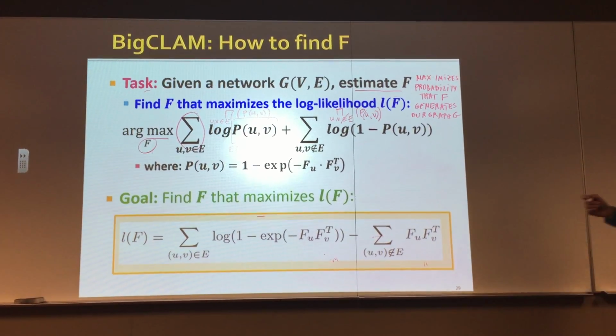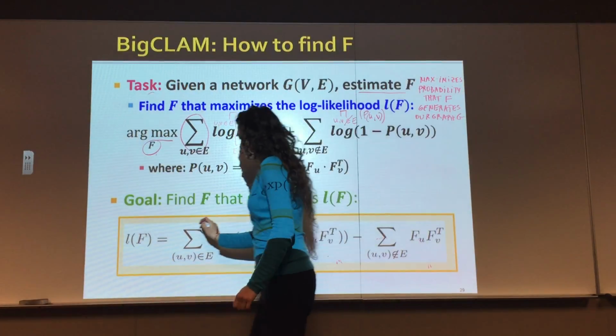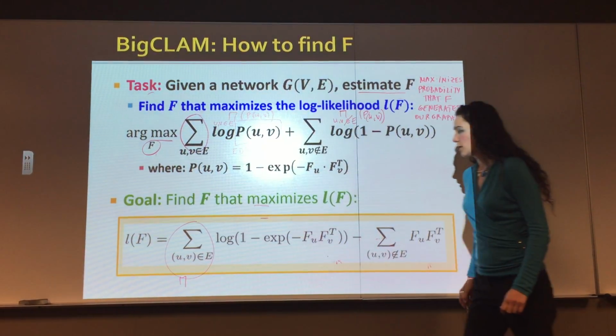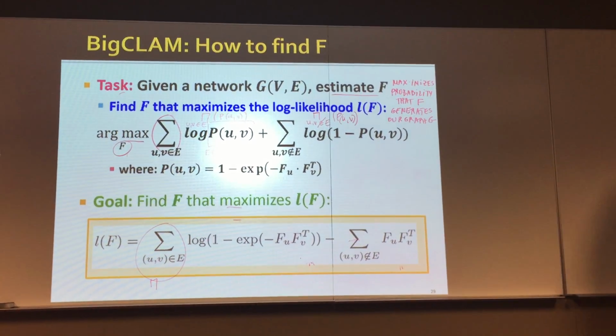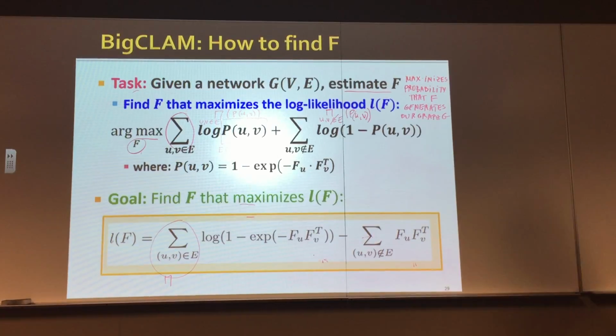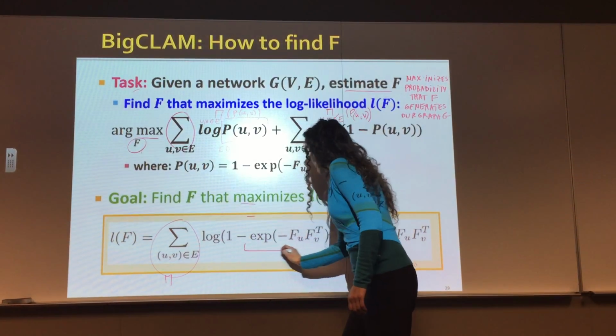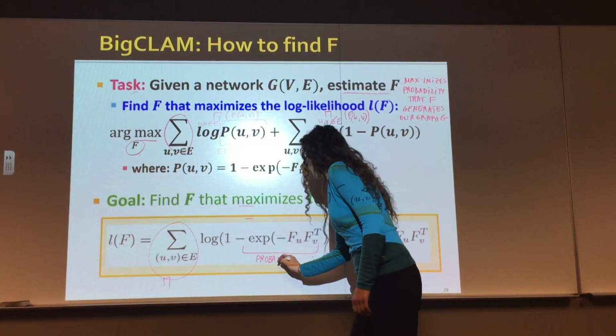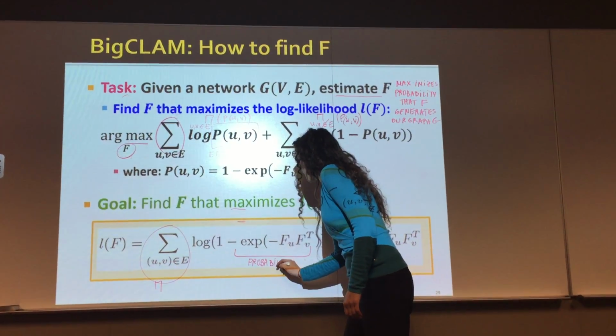So this is the summation here. Before we had the product, now we have the summation. Now we take the log and then minus. This is the probability of the edge, the probability that U and V create an edge.